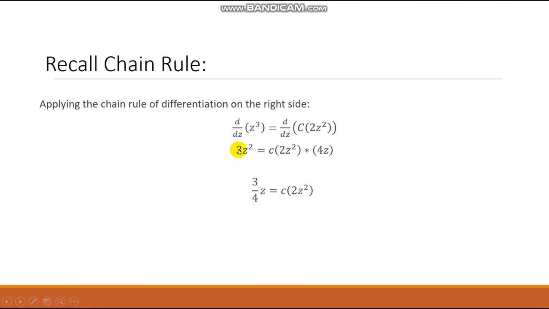On the right side, we take the derivative of the antiderivative of c, which just becomes c, and then we keep the 2z squared inside, and we multiply it by the derivative of 2z squared, which is 4z. So at this point, we're going to quickly divide each side by 4z. That gets rid of the 4z, and we have 3/4 z left is equal to c of 2z squared.